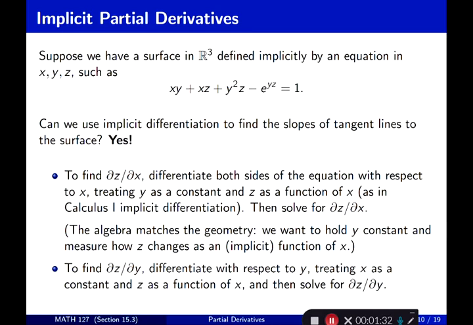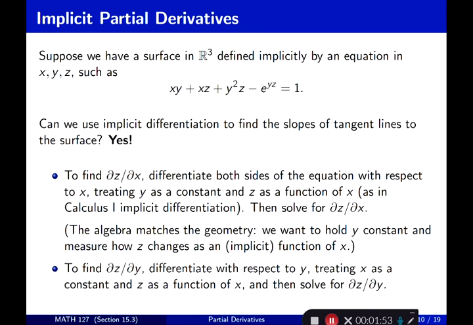In this case, you're holding y constant, and that gives you a curve on the surface in the direction of x, and you're taking the derivative of z with respect to x on that curve.